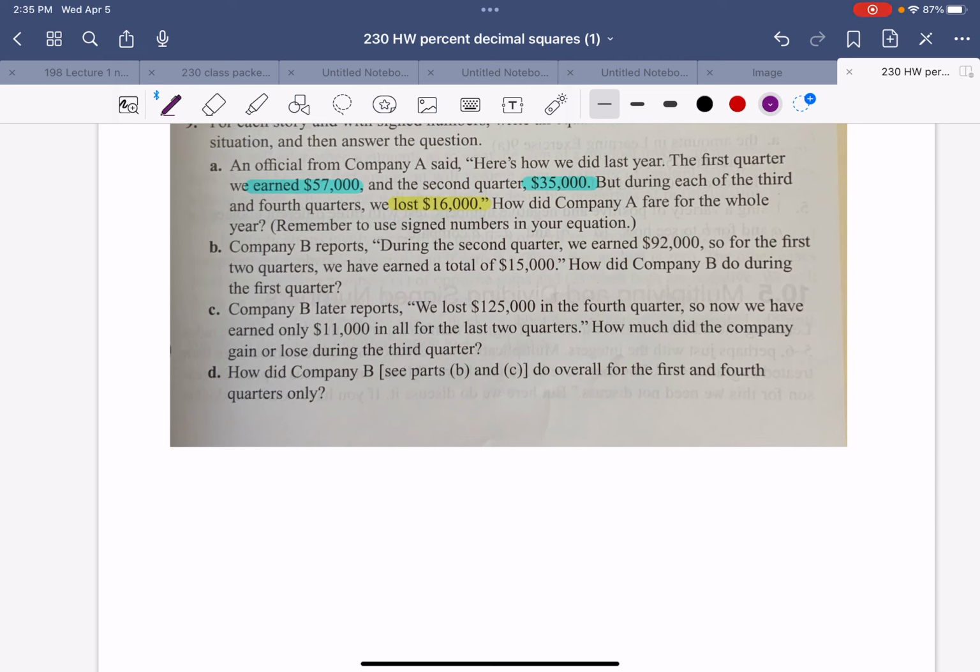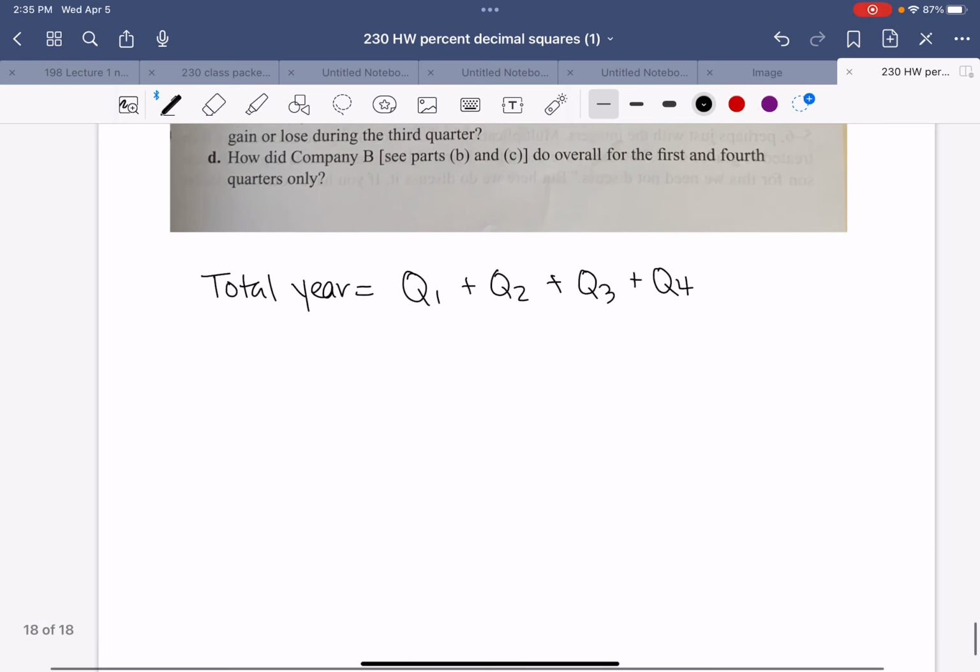So what I would do is say the total for the year is going to be, and then we're going to add up all the values for each quarter, right? So quarter 1 plus quarter 2 plus quarter 3 plus quarter 4, because we're adding up the earnings over the 4 quarters.